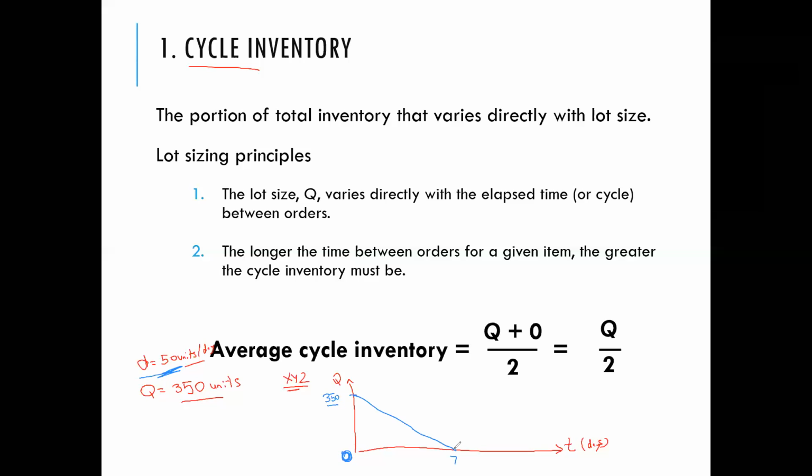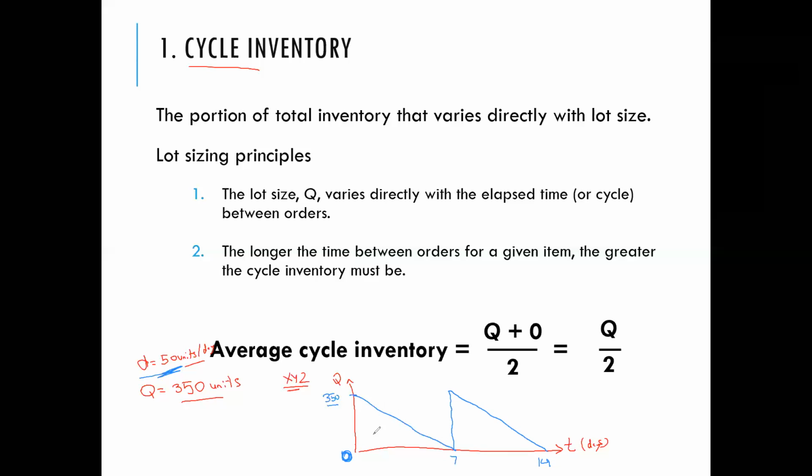Now, ideally on the 7th day, you should have received another order of 350. And then you will start selling those units in the second cycle. And you will consume those units in another 7 days. So on day 14, you will again reach 0 inventory.